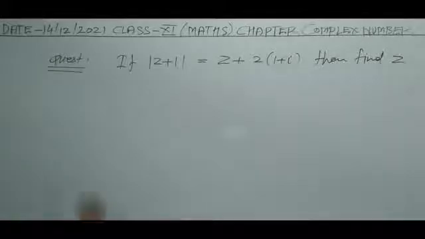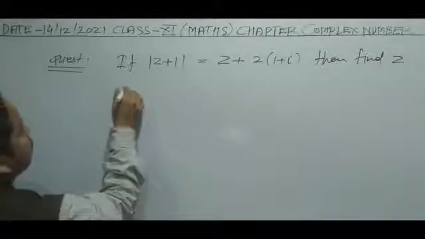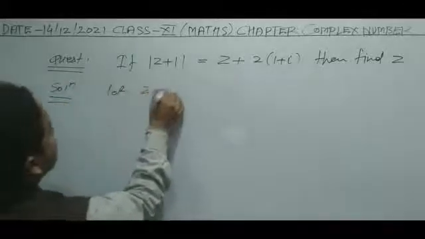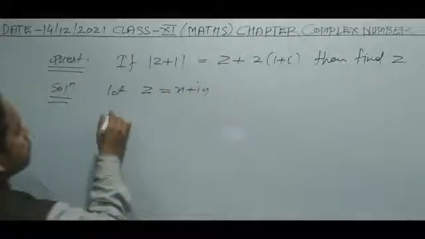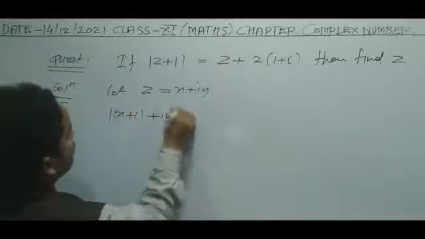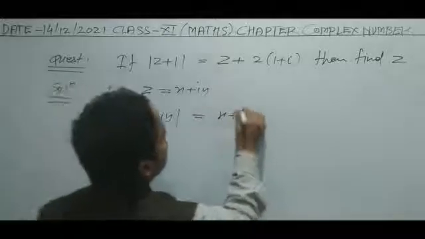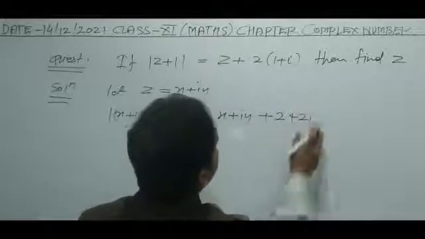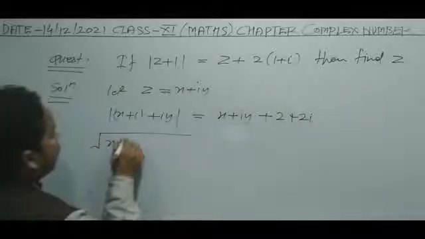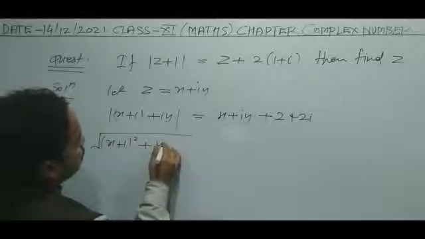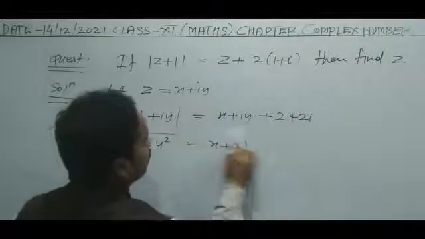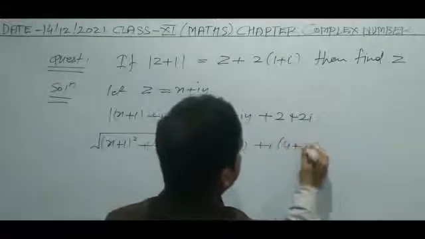So see, now you know, let z be equal to x plus iy. Now mod of z plus 1, that is x plus 1 plus iy, is equal to x plus iy plus 2 plus 2i. Now this result we can write as the square root of (x plus 1) whole square plus y square is equal to (x plus 2) plus i(y plus 2).